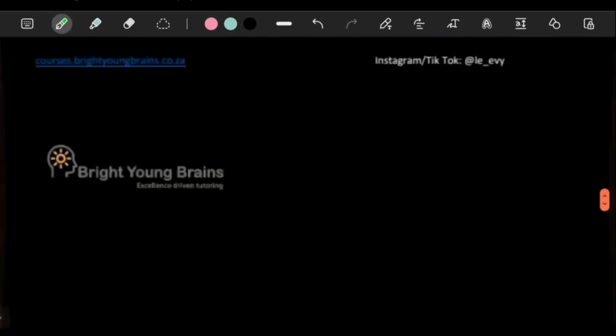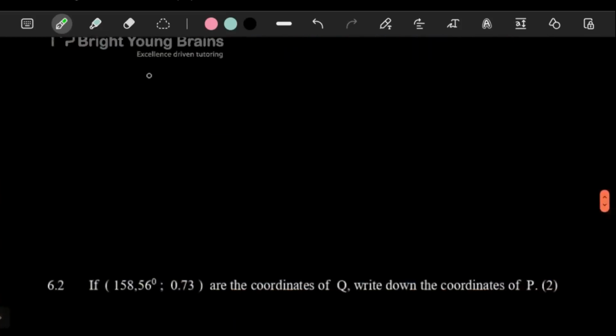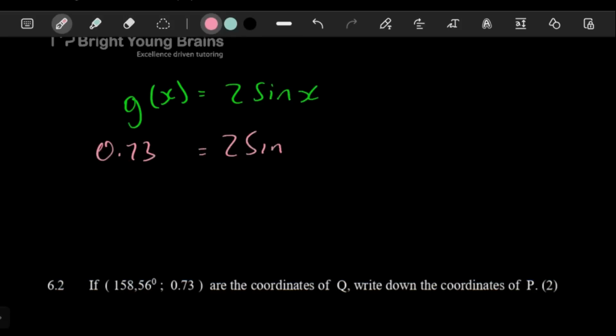So we have g of x is equal to 2 sine x. What we know is the Y value is 0.73, so 0.73 equals 2 sine x.